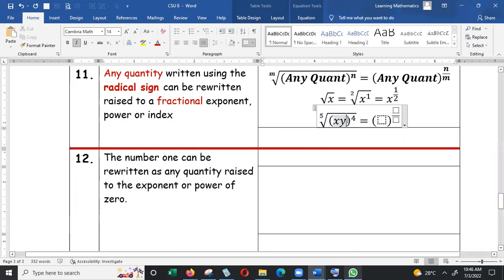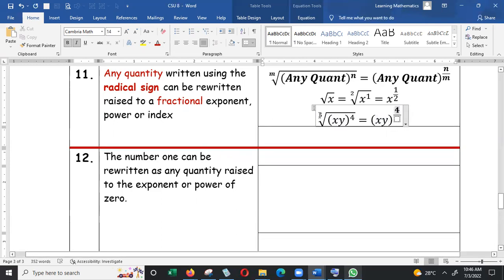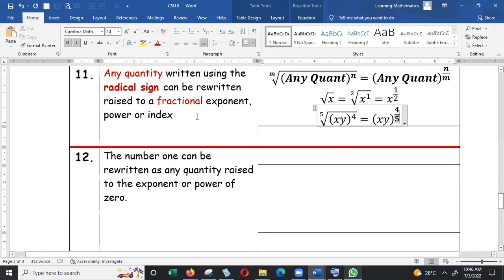So this xy will form the base. This exponent here will be the numerator, and this degree will be the denominator. So any quantity written using the radical sign can be written raised to a fractional exponent.